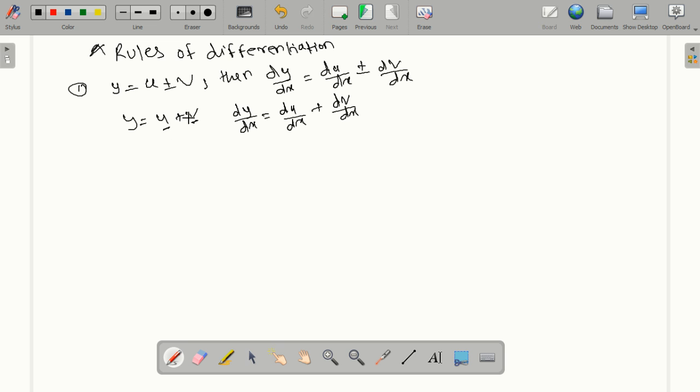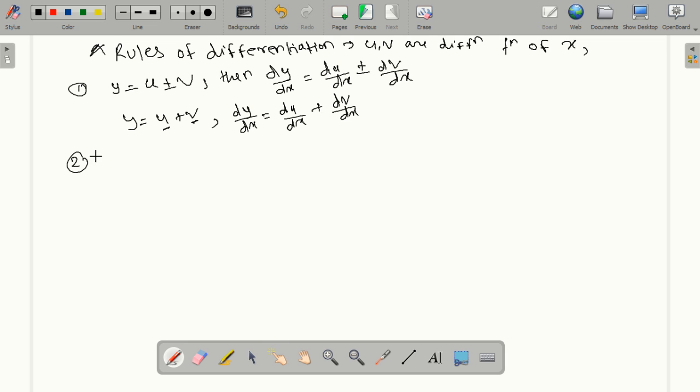Similarly, if y is equal to u minus v, then dy by dx is du by dx minus dv by dx. So this is your first rule of differentiation, where u and v are differentiable functions of x.